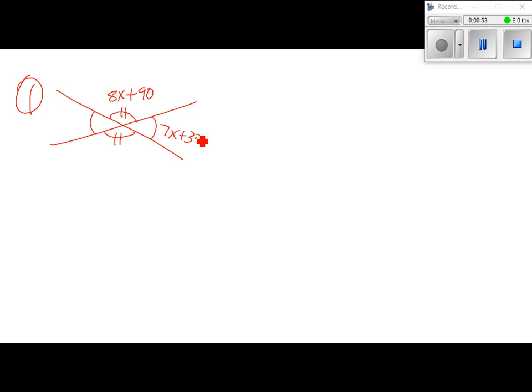We know that those two angles are a linear pair, so they have to add up to 180. So 8x plus 90 plus 7x plus 30 should equal 180. The other angles they tell us, like this one down here, is 4y plus 54.